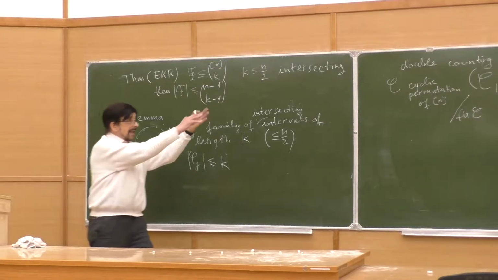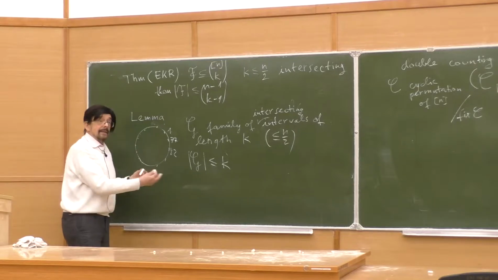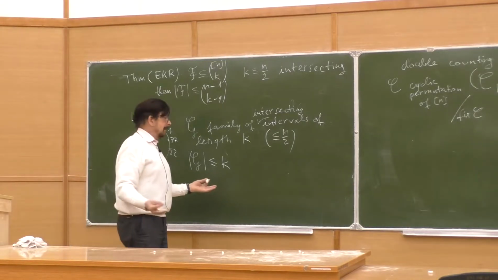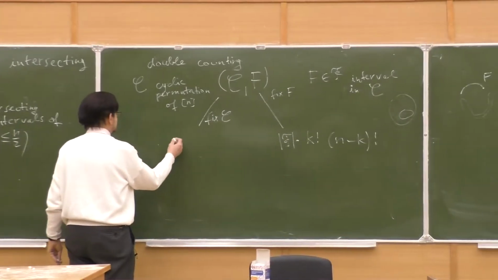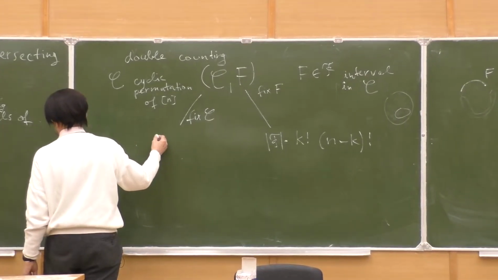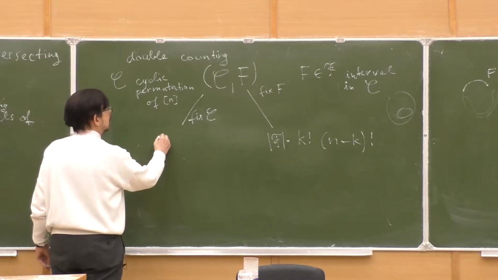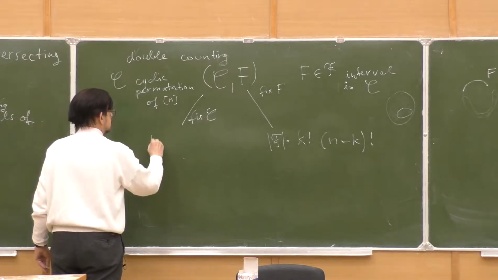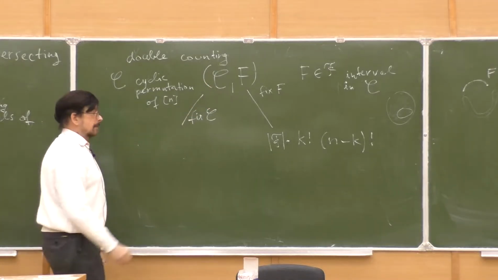Because the F's are intersecting, their images here are also intersecting, and by the lemma it cannot be more than k. So first I write the number of cyclic permutations.